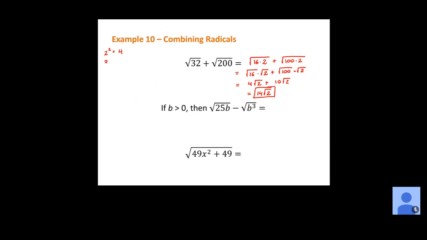What about 3 squared? What's 3 squared? That's going to be 9, right? So 9 is also what we call a perfect square. What about 4 squared? 16. 5 squared is 25. 6 squared, 36. 7 squared, 49.